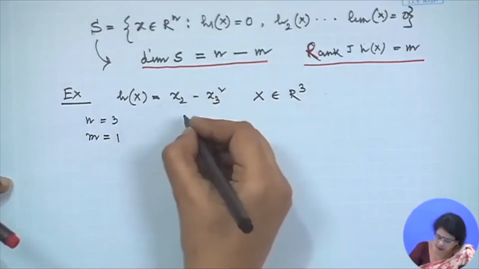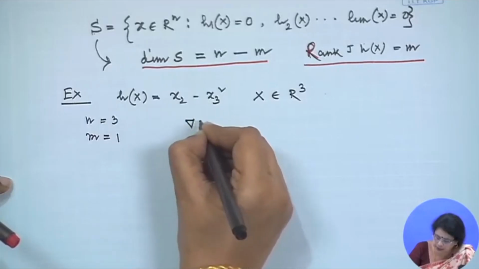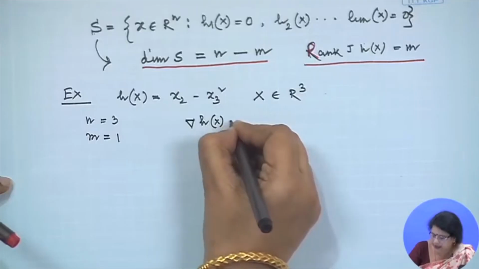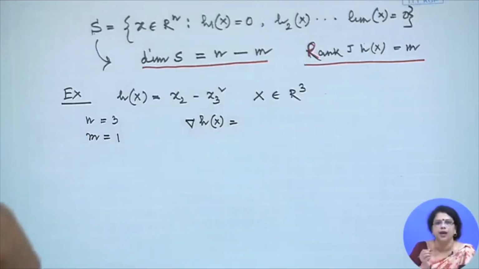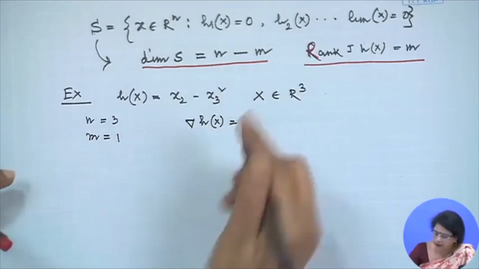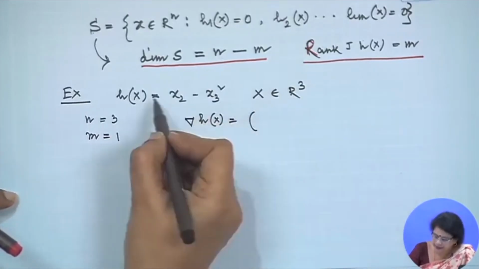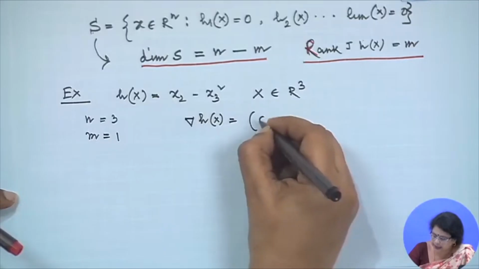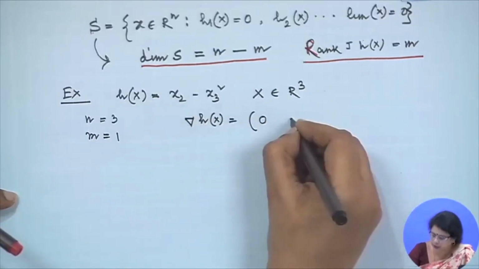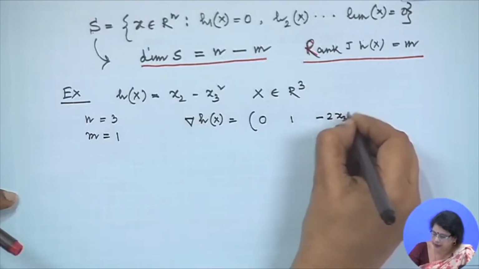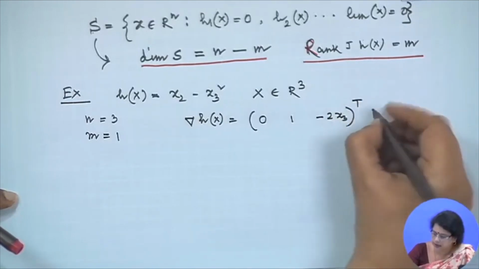Now, if we find the Jacobian of H(x), since there is only one constraint, we will get a column vector. With respect to x1 it is 0, with respect to x2 it is 1, with respect to x3 it is minus 2 x3.